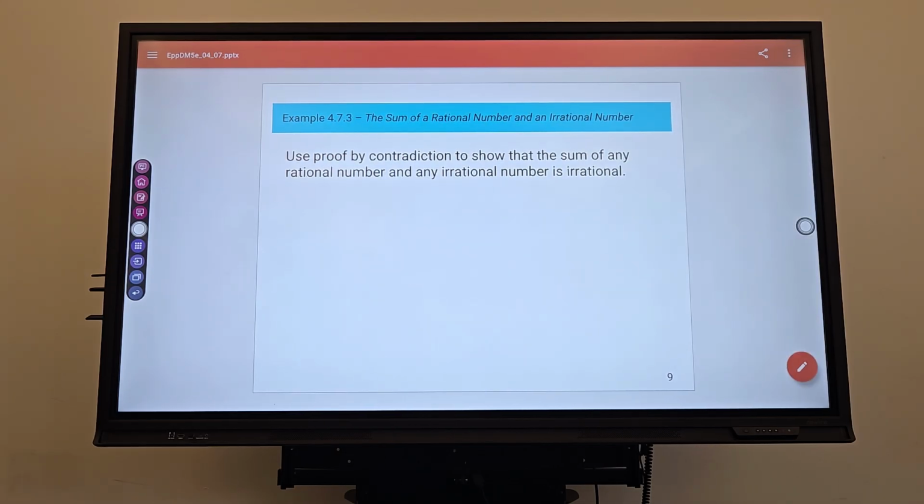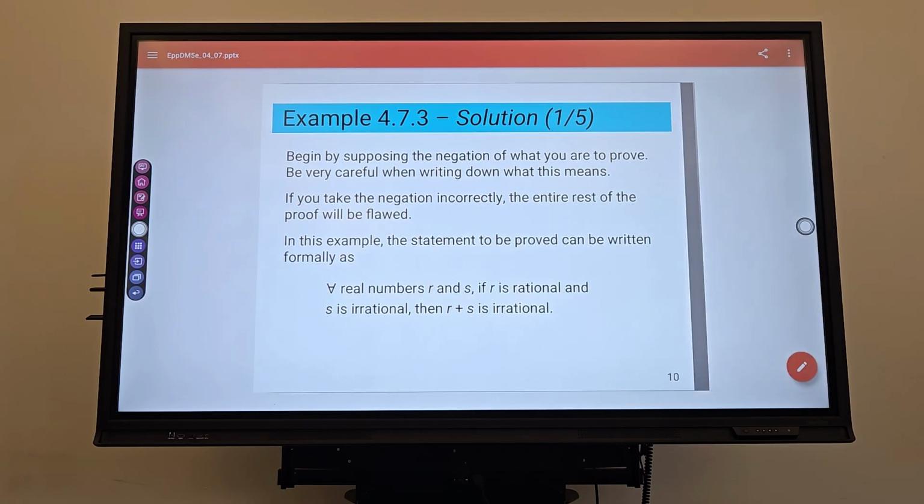Use proof by contradiction to show that the sum of any rational number and any irrational number is irrational. Begin by supposing the negation of what we are to prove. Be careful when you're writing this down. If you take the negation incorrectly, the entire rest of the proof will be flawed.